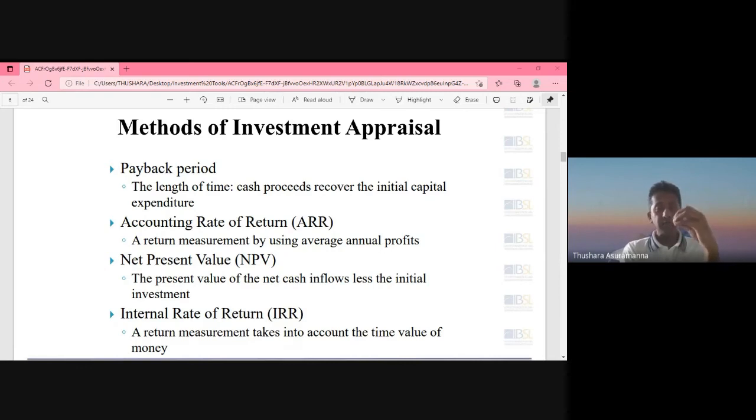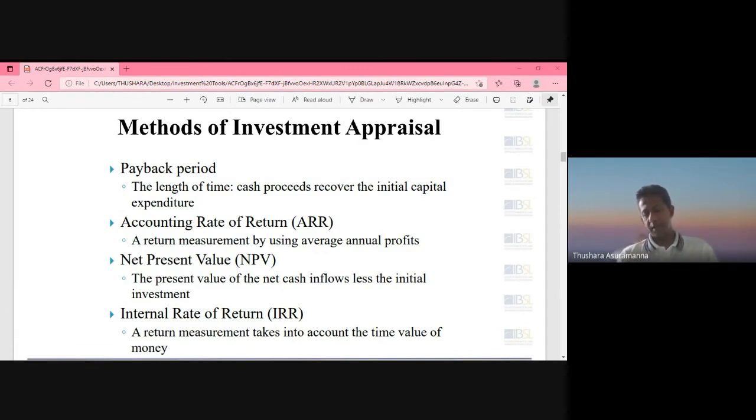We try to discount, we try to apply the net present value concept to the cash flows you generate, say year 1, year 2, year 3, year 4, year 5, like that. And then you see whether the difference between the initial cash flow and the future cash flows is positive or negative.